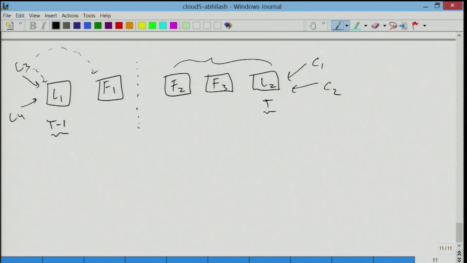This can be a problem, right? Okay, but this is not a problem because all of these have seen the term t. They know that the latest term is t. When L1 tries to commit, it will send append entries with the term number t minus 1.